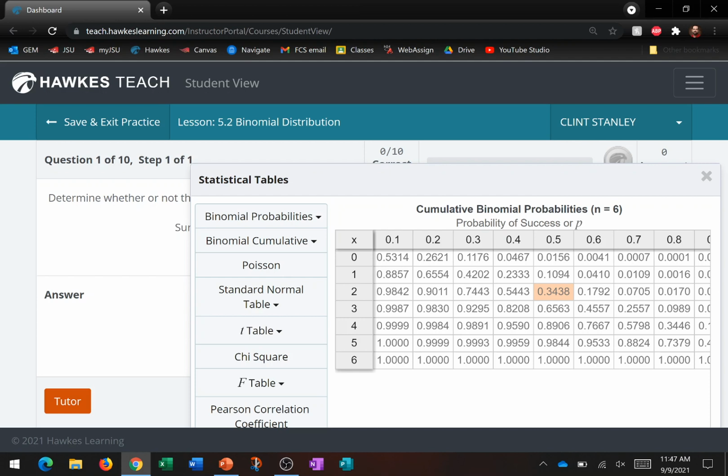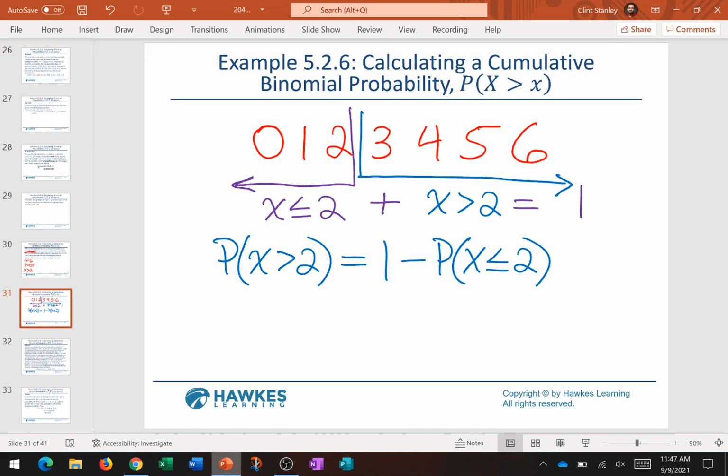That's the probability of being less than or equal to 2. It's 0.3438. But that's not the answer we want. We don't want the probability of being less than or equal to 2. We want the probability of being greater than 2. So we do 1 minus 0.3438.